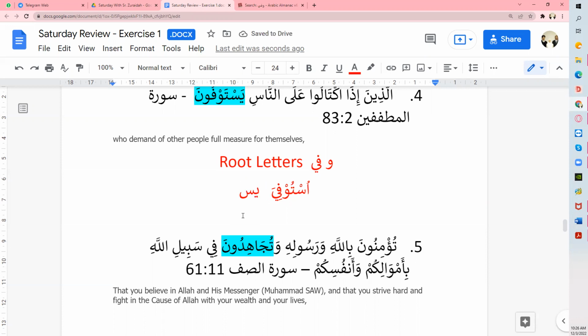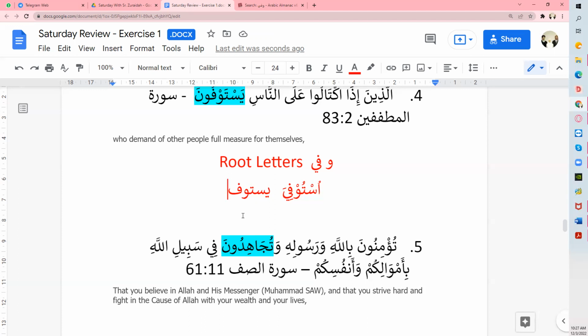So now for the mudari. In this case, the ending is yustufu. We always end with a dhamma usually. Yustufu. But with a nakis, you don't end with the dhamma.